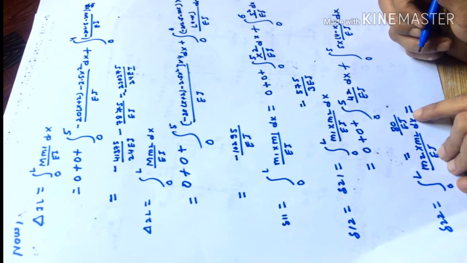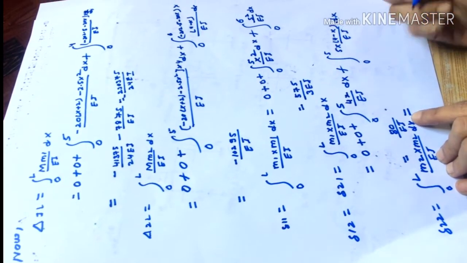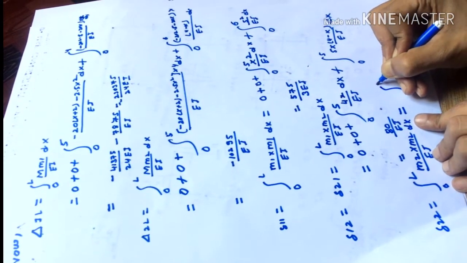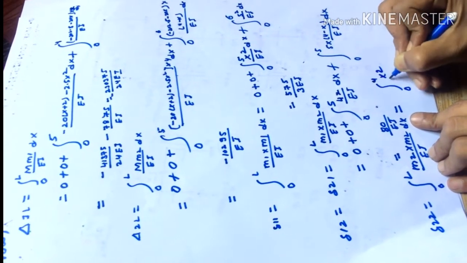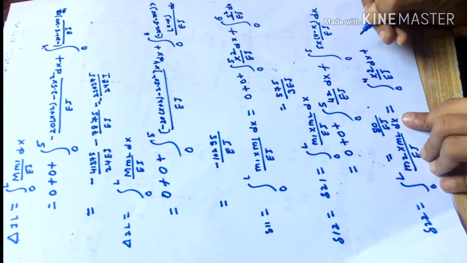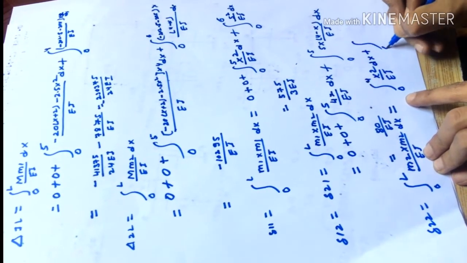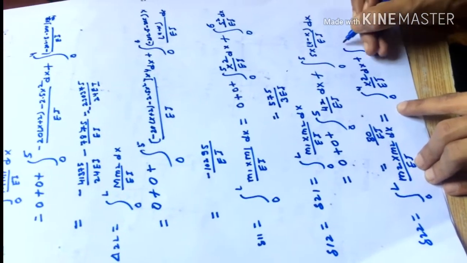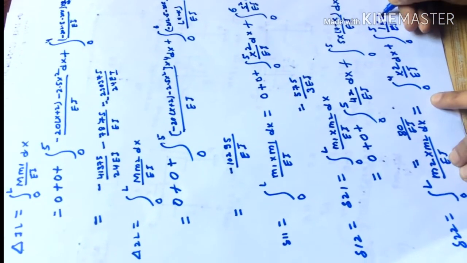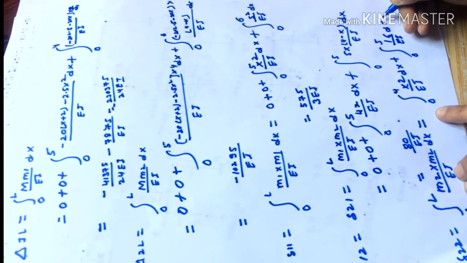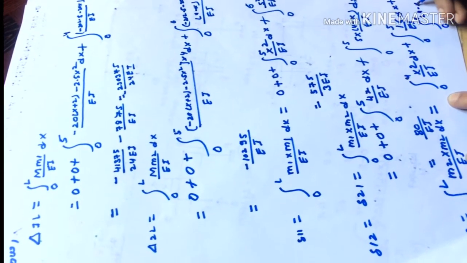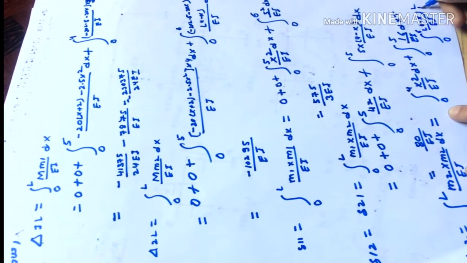On calculating, finally we get, let us put all these values, our limit is 0 to 4, x squared by EI dx plus 0 to 5, 4 into 4, 16 divided by EI dx plus 0 to 6, 4 minus x squared by EI dx.